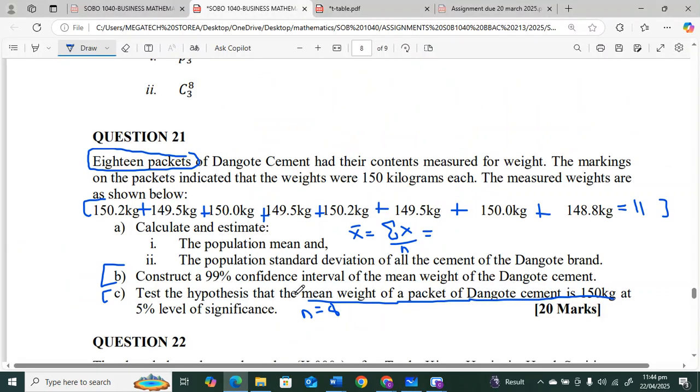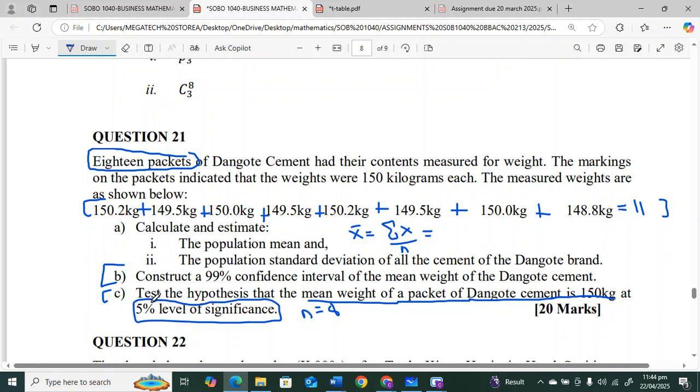how do I know that my confidence level in this test is 95%? Yes, 100 minus the 5% level of significance.